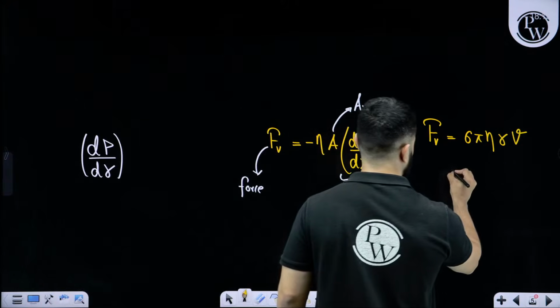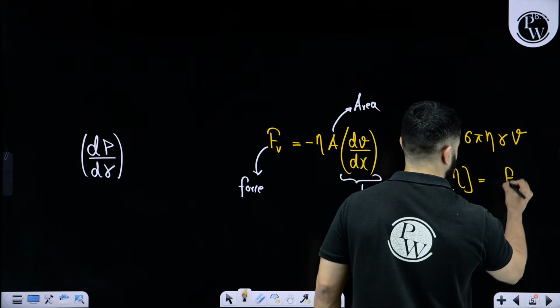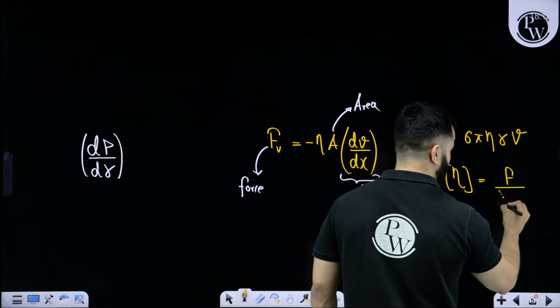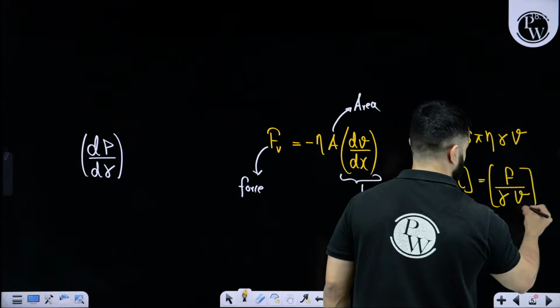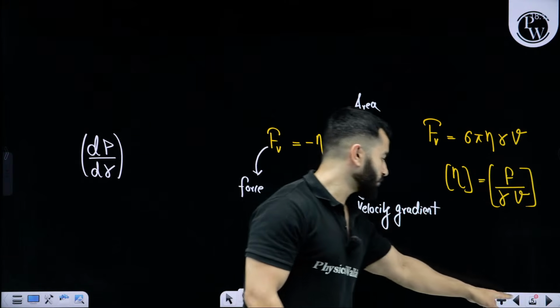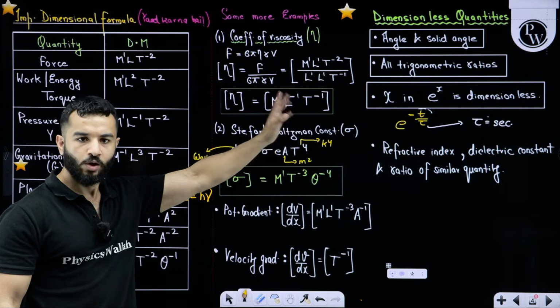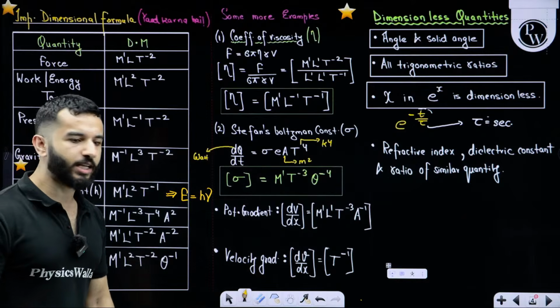So if I want to find the dimensional formula of eta, I can simply write the dimensional formula of force divided by pi, which is dimensionless, divided by the dimensional formula of radius multiplied by the dimensional formula of velocity. Correct? So we can find the dimensional formula of eta. That's what we have done here, and we get our answer. Hopefully this is all clear. Done? Any more doubt, my dear friends?